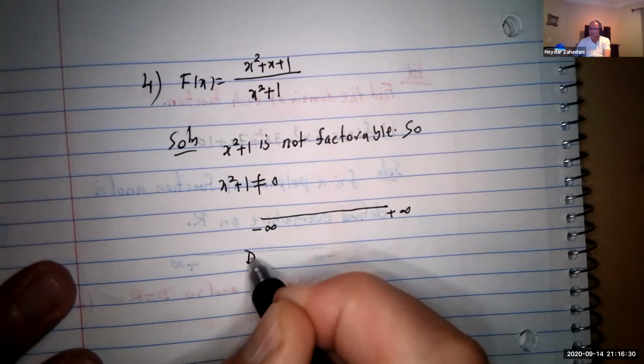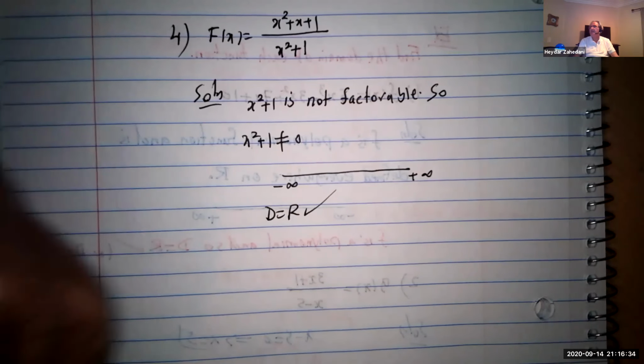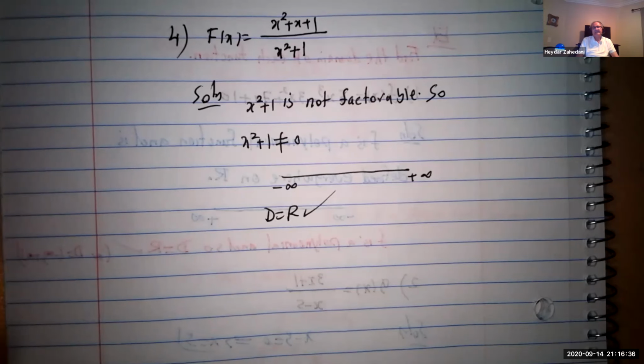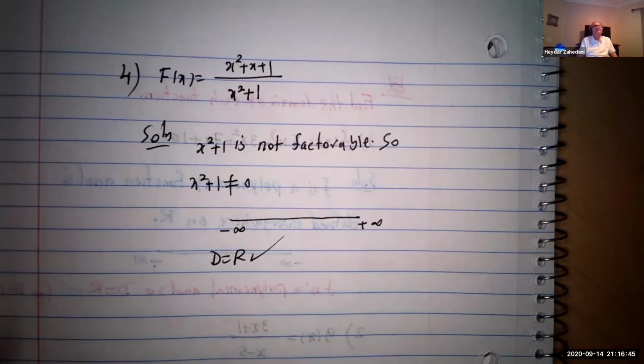So the domain of your function is going to be R. This function is defined everywhere. Any question? So it's a very nice argument, really. Get to know it, exactly know what we are talking about for the domain of the function. So that's a rational function.